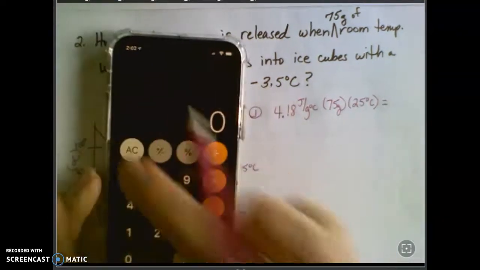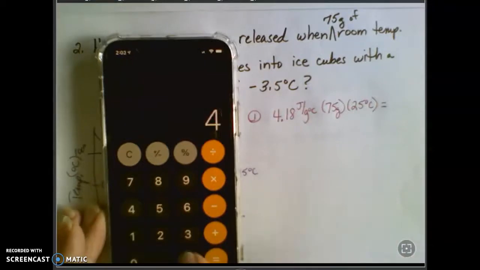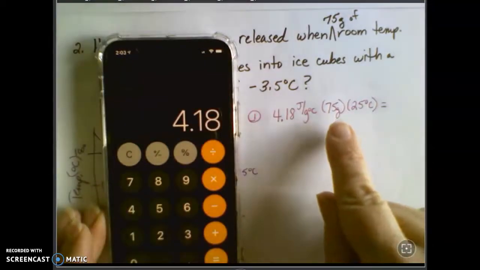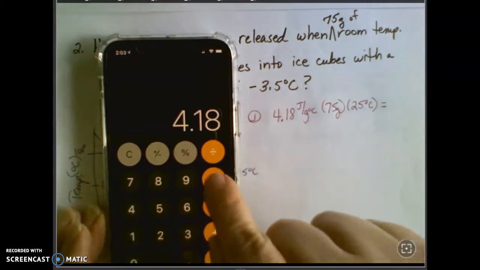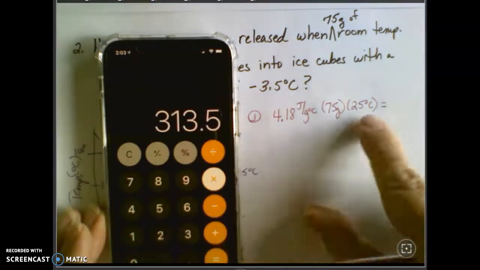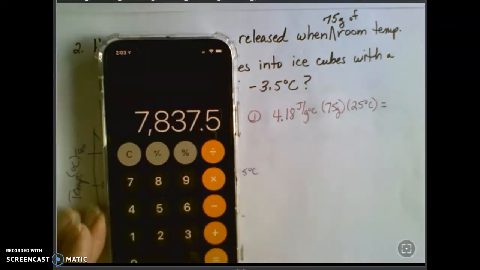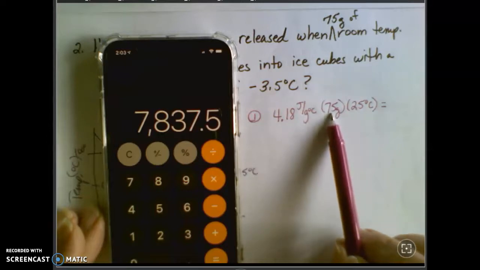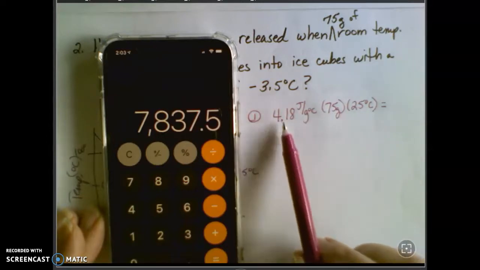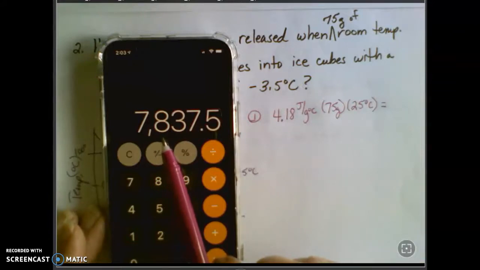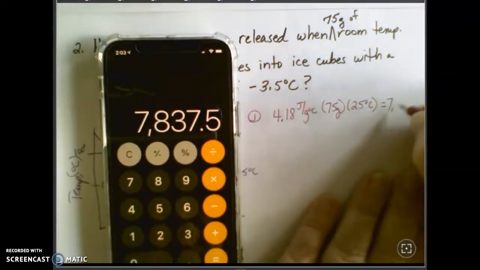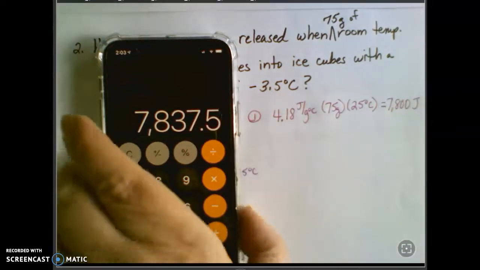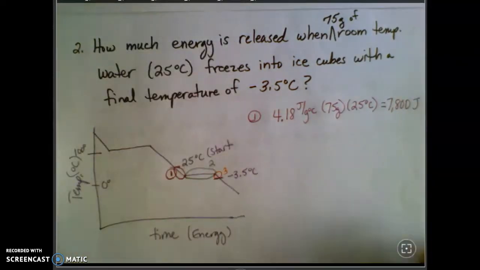All right, so 4.18 joules for every gram and degree times 75 grams times 25 degrees that it's changed. I get 7,837.5. I'm looking at sig figs here. I've got 2 sig figs in both of these numbers, 3 in that one. So I'm going to round this to 7,800 joules. And so that's just for that first step.